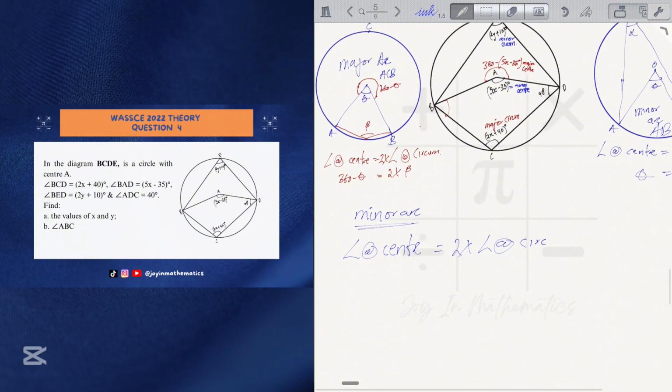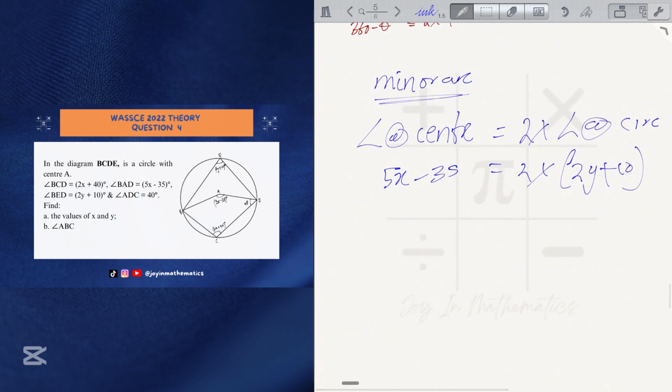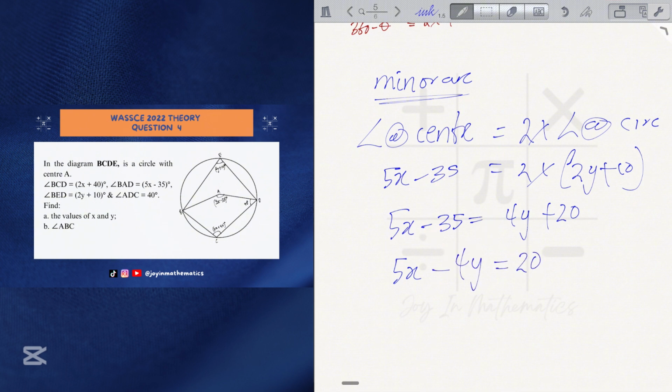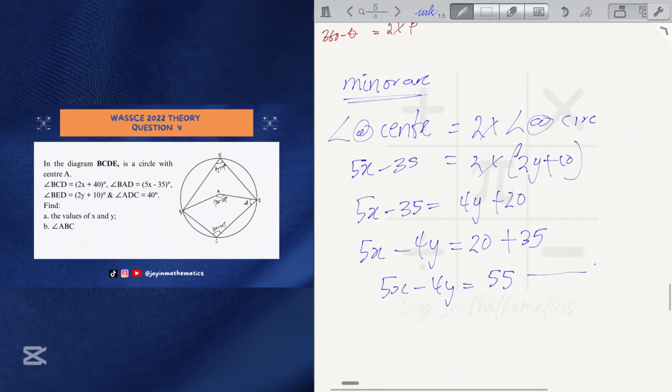We have 5x minus 35 is equals to 2 multiplied by 2y plus 10. So let's simplify this further. We have 5x minus 35 is equals to 4y plus 20. Then if you bring them together, we have 5x minus 4y is equals to 20, bring this to the right hand side, plus 35. So we have 5x minus 4y is equals to 55. We can call this equation 1.